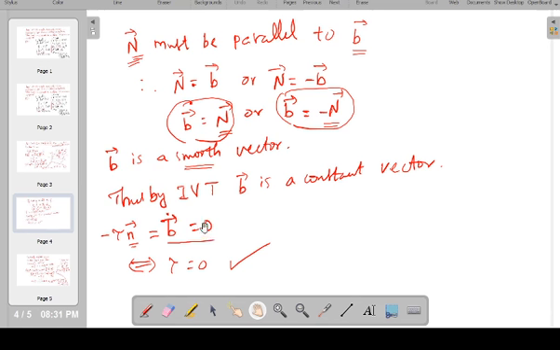Remember, the right side here is the 0 vector, not the scalar 0. So I write vector 0. So this means that tau equal to 0. This proves one side.